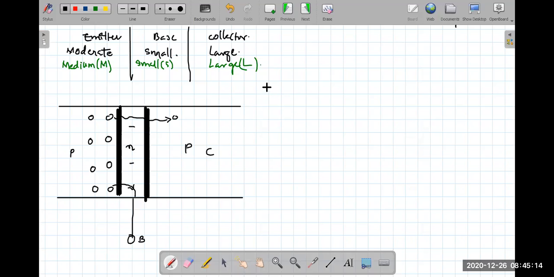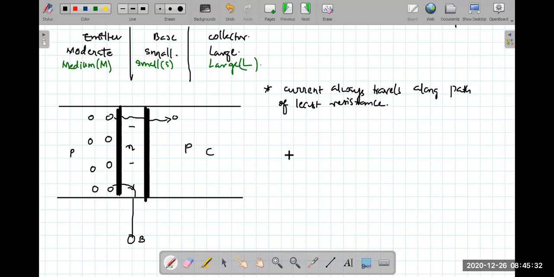We know that current always travels along the path of least resistance. Is that right? Current always travels along the path of least resistance.